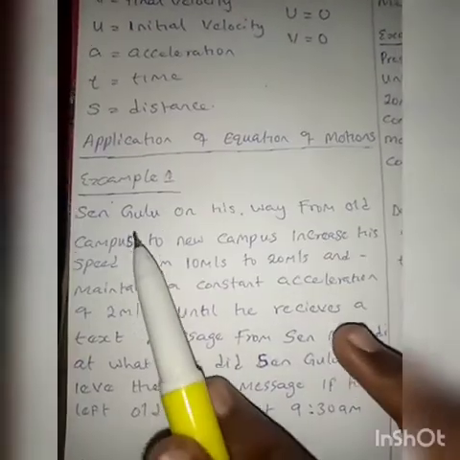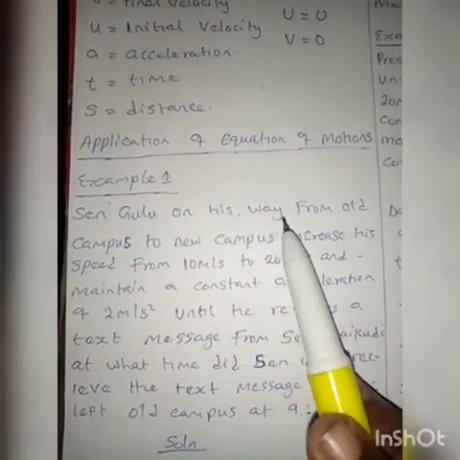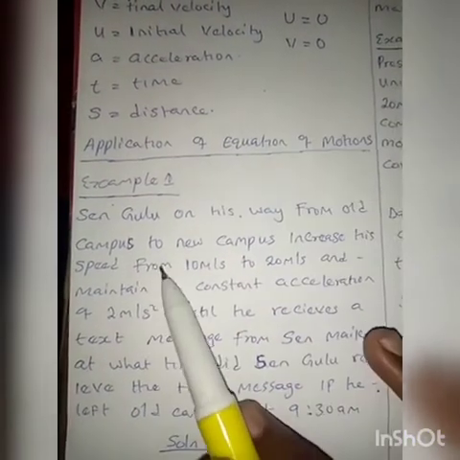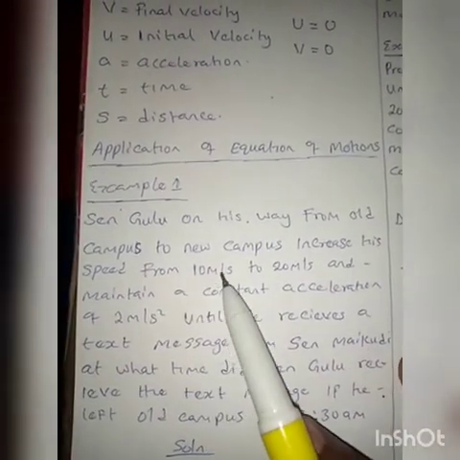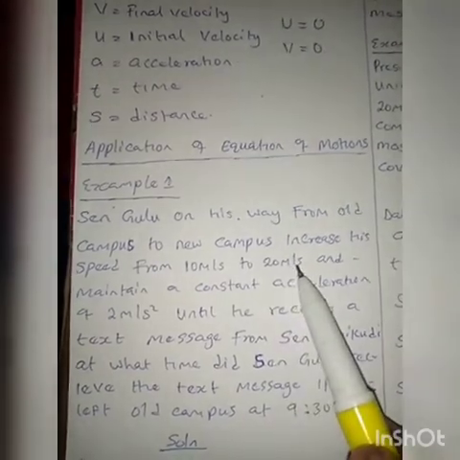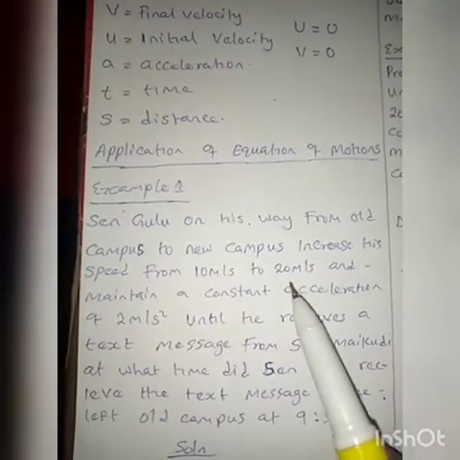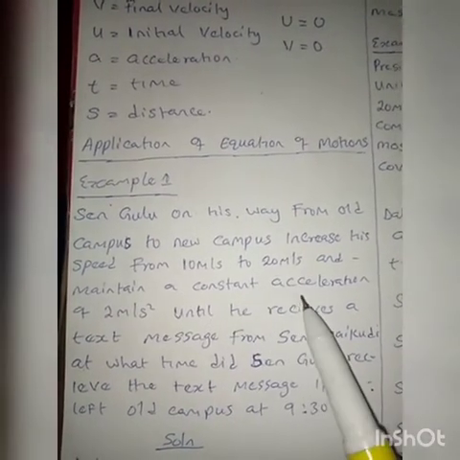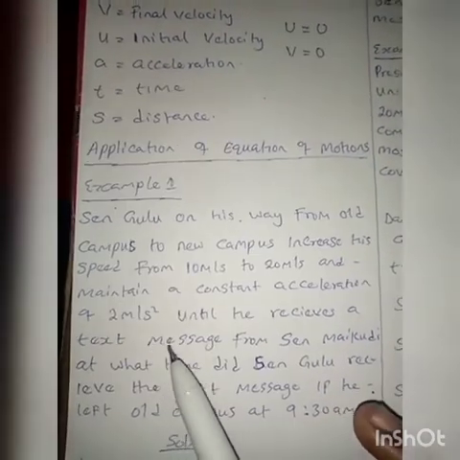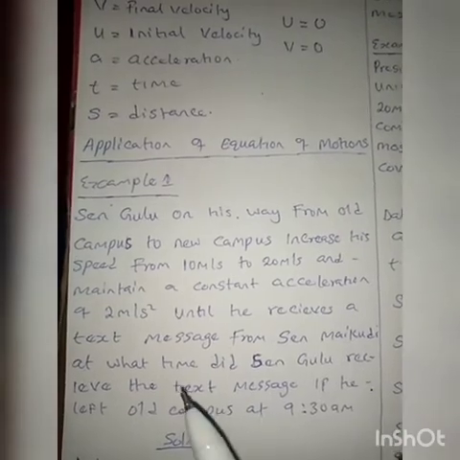Now look at it. They say Senator Gulu, on his way from old campus to new campus, increased his speed from 10 meters per second to 20 meters per second and maintained a constant acceleration of 2 meters per second square until he received a message, a text message, from Senator Mekudi.